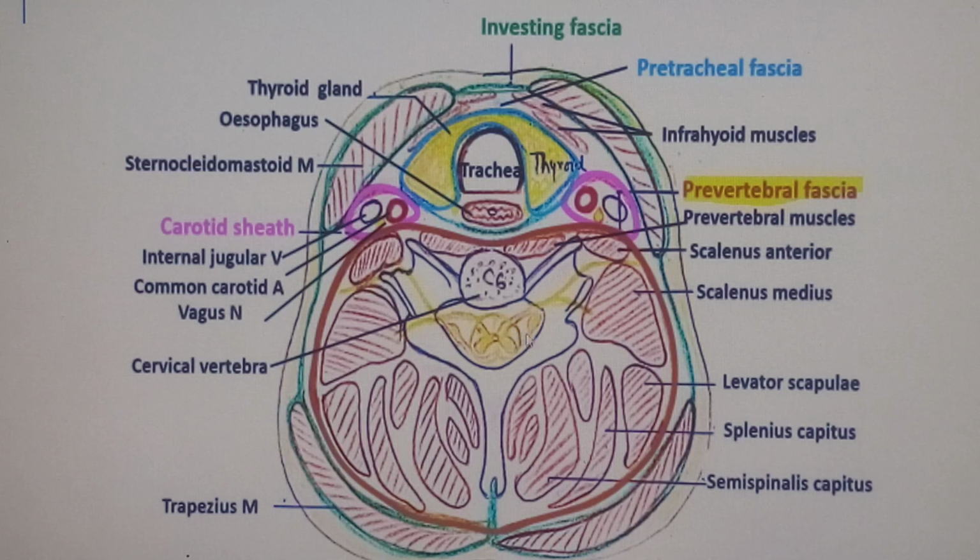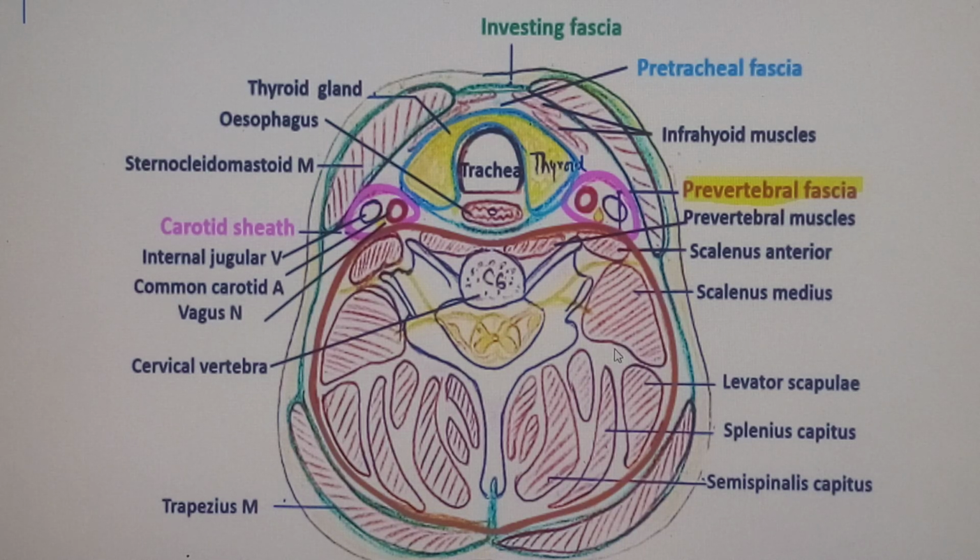They are all finding attachment to the spine. So these muscles are all enclosed within the prevertebral layer of the deep cervical fascia. In other words, all these muscles are separated from the esophagus that we find over here through this prevertebral fascia. So that is one thing I want you to know.